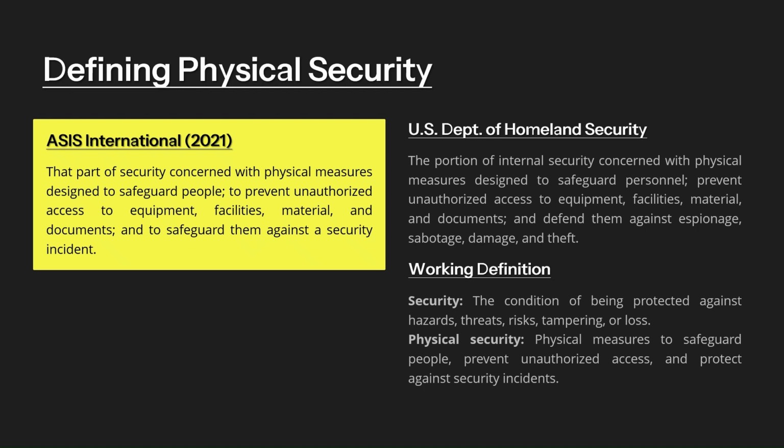Similarly, the U.S. Department of Homeland Security emphasizes protection against unauthorized access to facilities, equipment, and resources, along with safeguarding personal and property. In simple terms, physical security is about preventing, detecting, and responding to threats in the physical environment. For the CPP exam, remember, definitions are not just theoretical, they guide how security systems are actually built and evaluated.